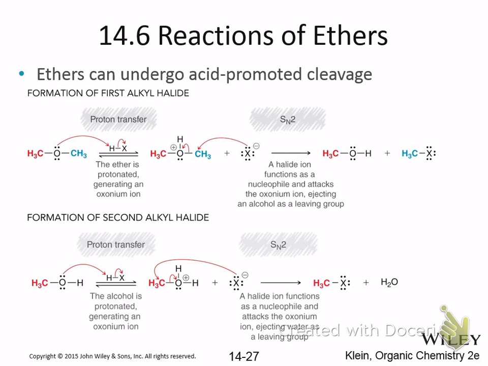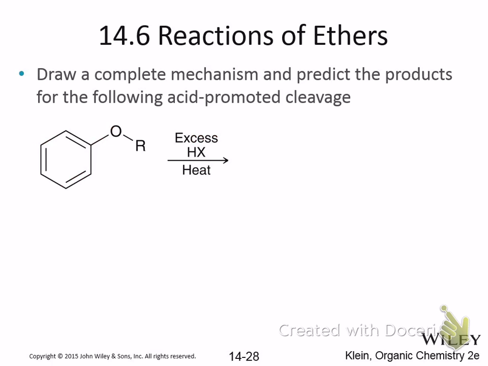All along here. Let's see if I can. Hey, it worked. Okay, so in this mechanism, this is kind of the exception to the rule. The products are... so here's the question.